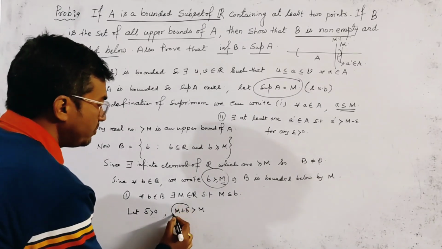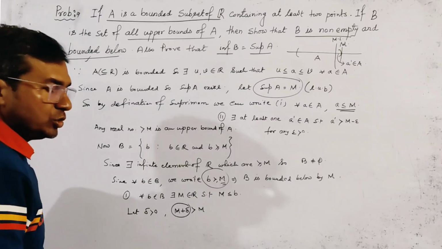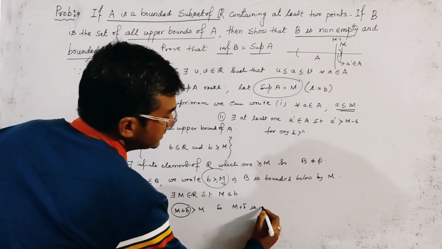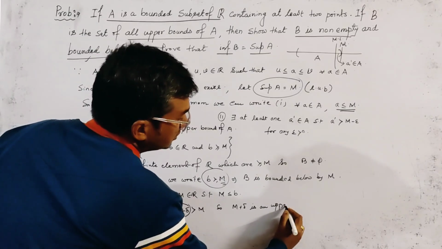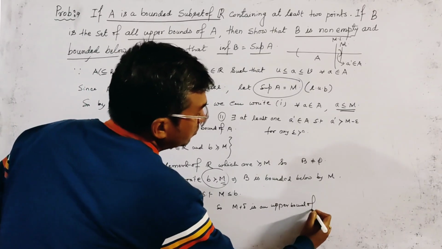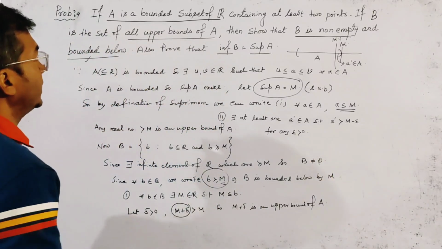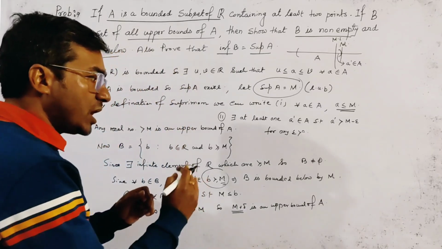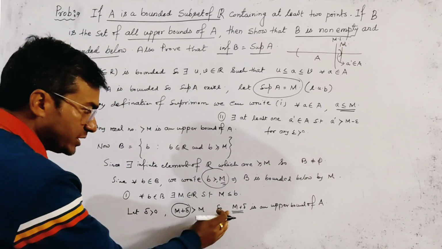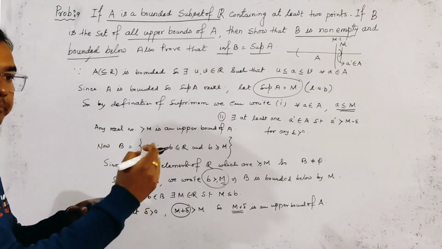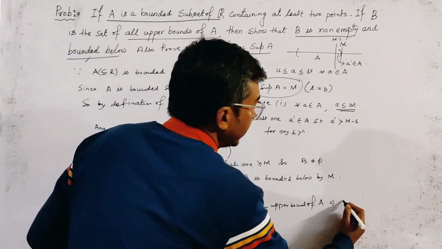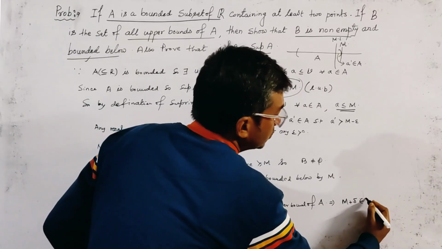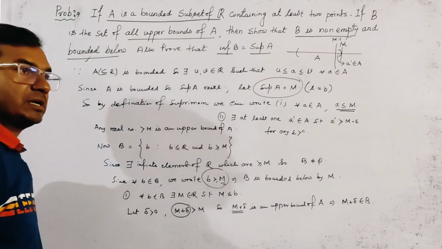And since M plus delta is greater than M, M plus delta is an upper bound of capital A, right? And since M plus delta is an upper bound of A, it must belong to the set B. So this implies M plus delta belongs to the set B, right?